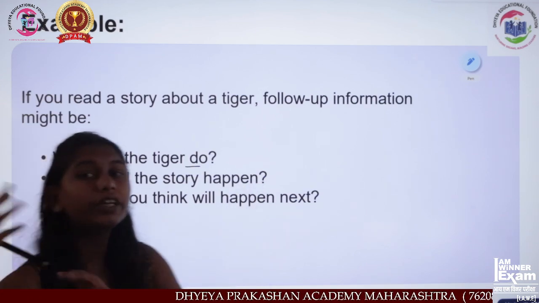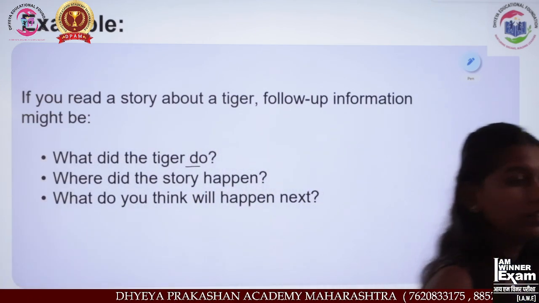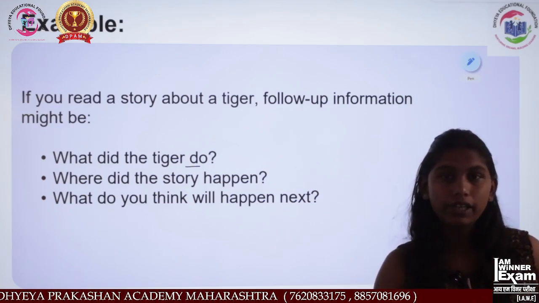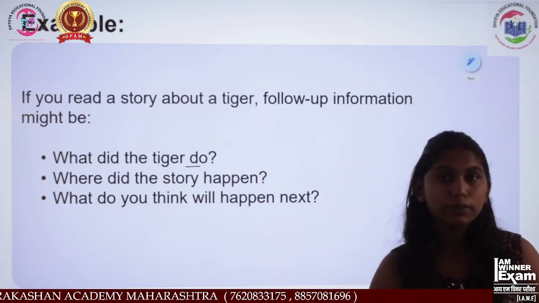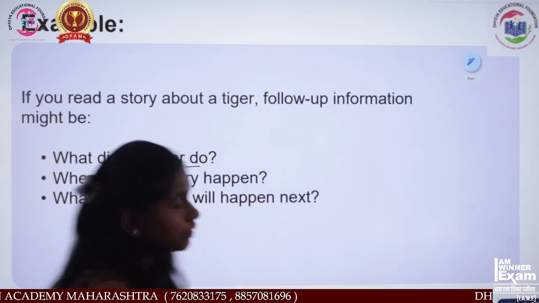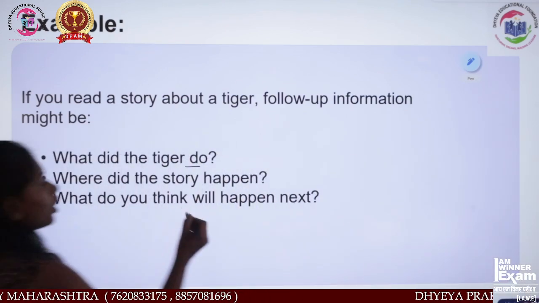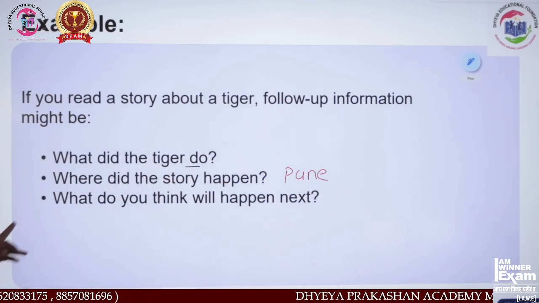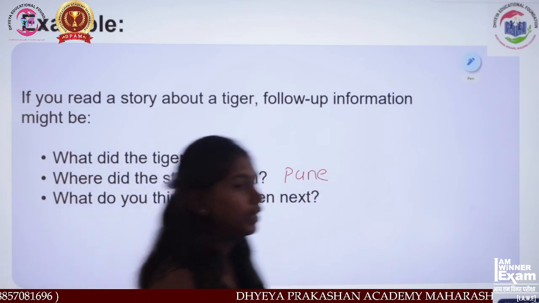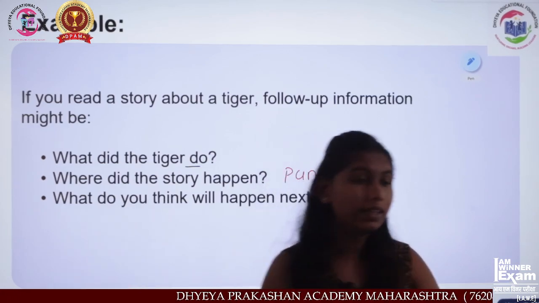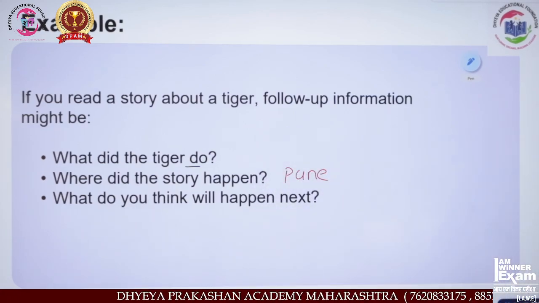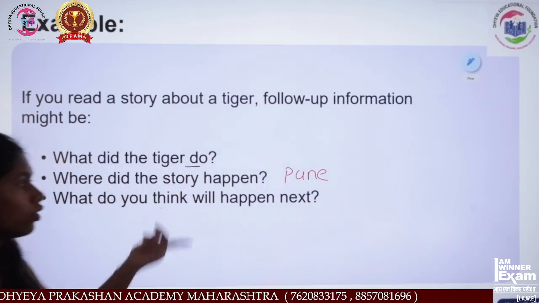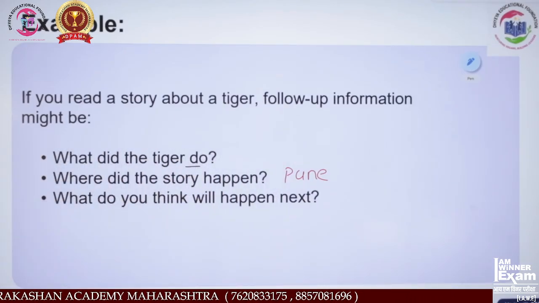Suppose a place is mentioned in the story, like once upon a time there is a village, the name of the village is Pune or something else. So where did the story happen? In Pune. Now what do you think will happen next? Like this, I'm providing you some information about the story, and on the basis of the story you are answering the questions.